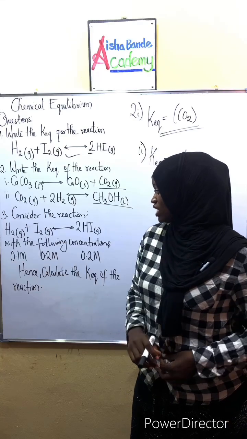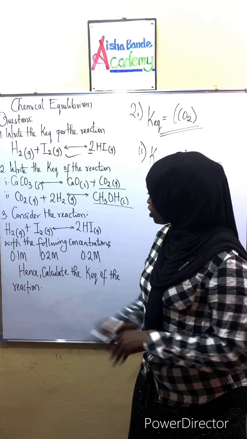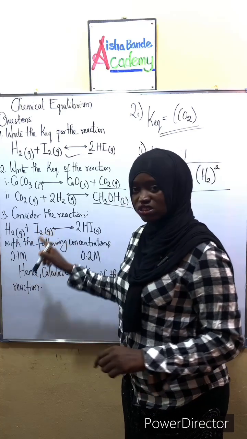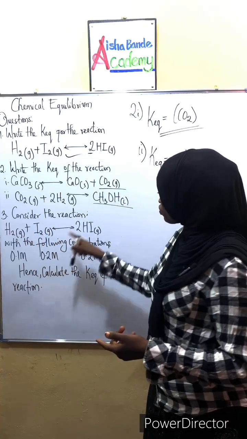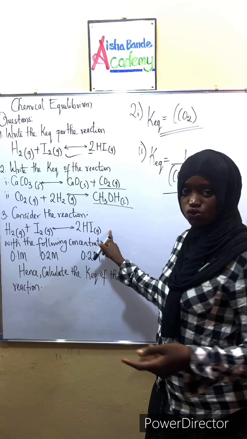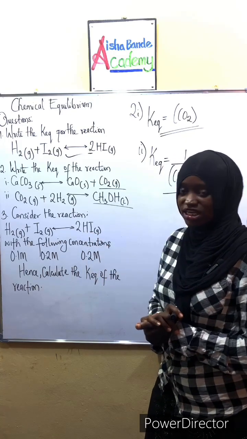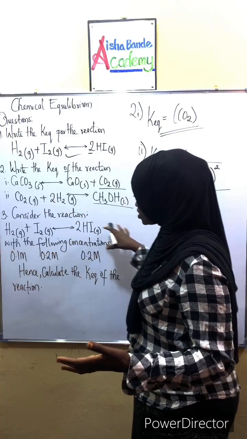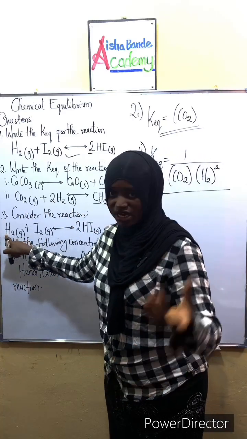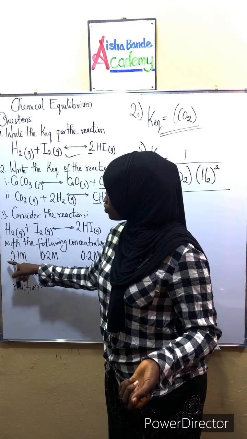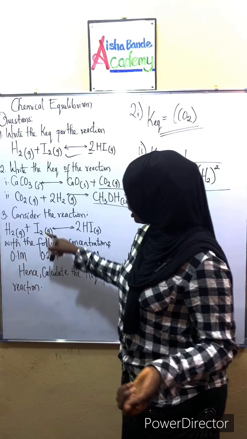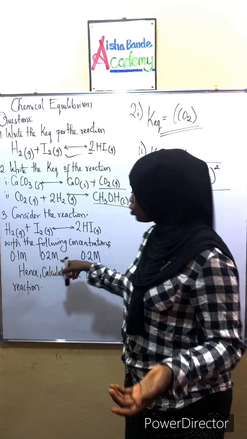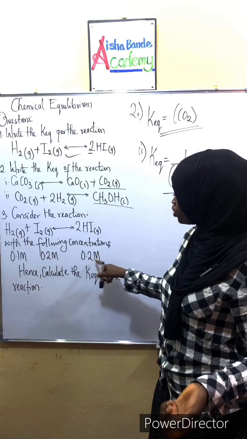Okay, so let's look at the last question we have here, which says, consider the reaction H2 in gaseous state, I2 in gaseous state. We have a forward and backward reaction, and the product gives us 2HI also, which exists in gaseous state. So we are considering this reaction given the following concentrations. So the first reactant H2 has a concentration of 0.1 moles, while I2, the second reactant, has a concentration of 0.2 moles, while the product is 0.2 moles.